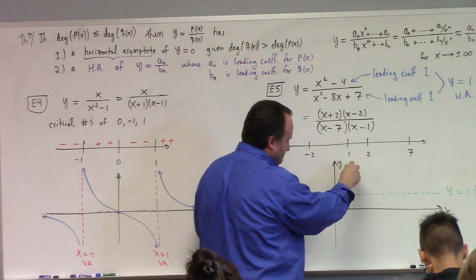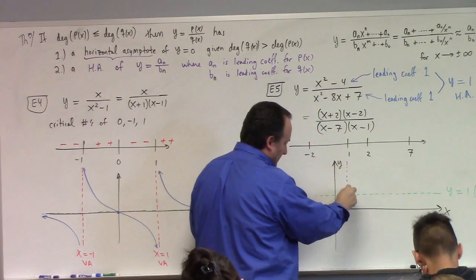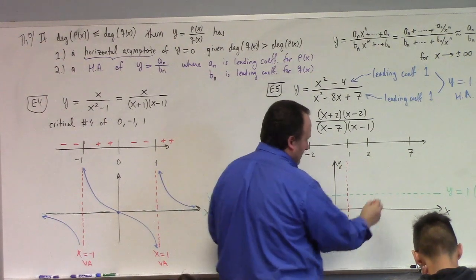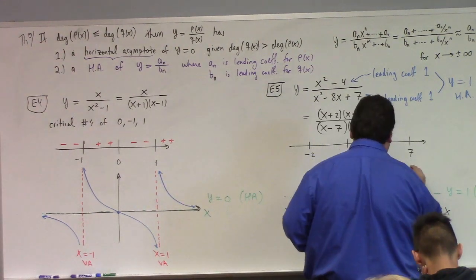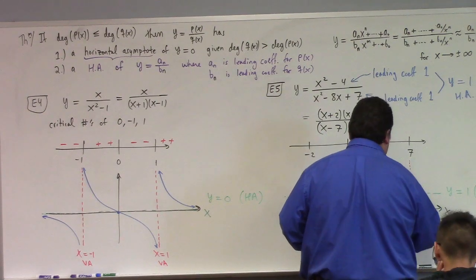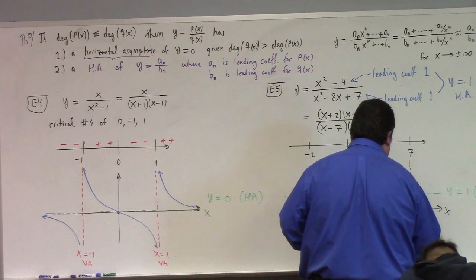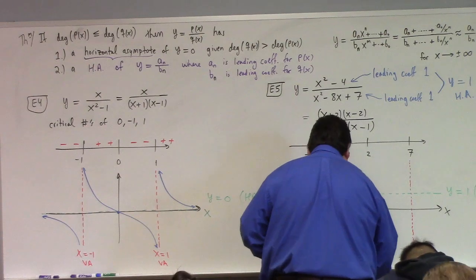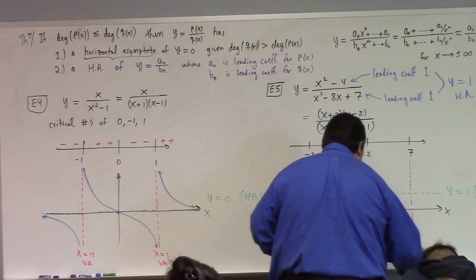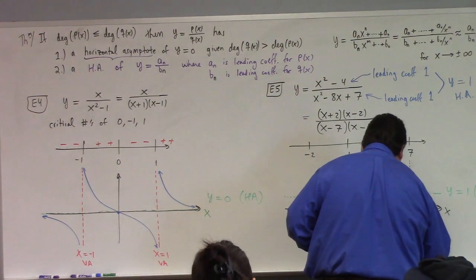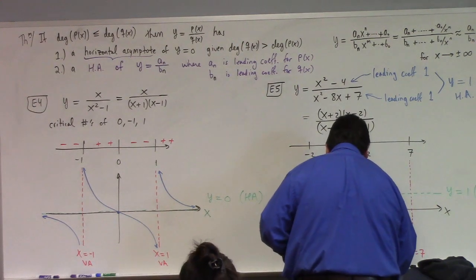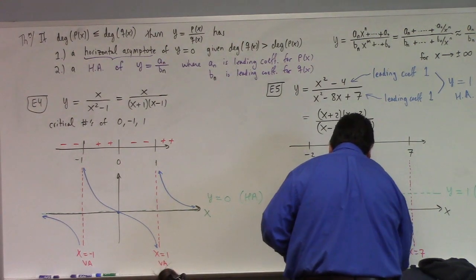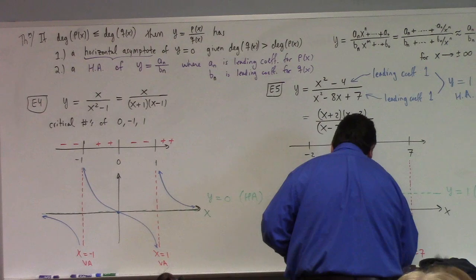So it's 7 and 1, that's right. So here's where our vertical asymptotes are going to be.